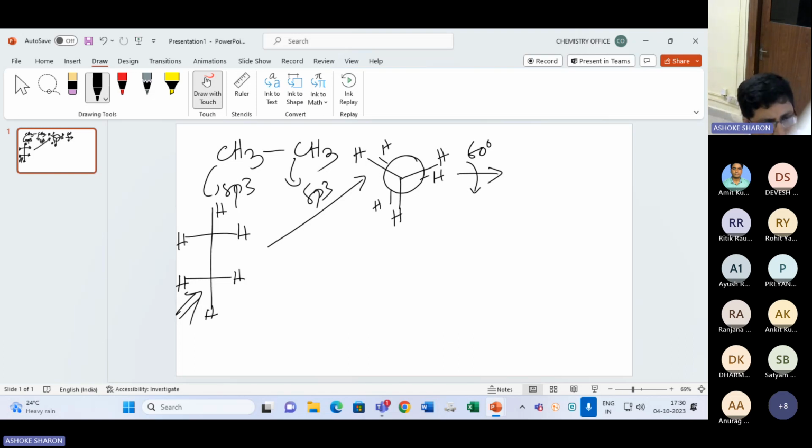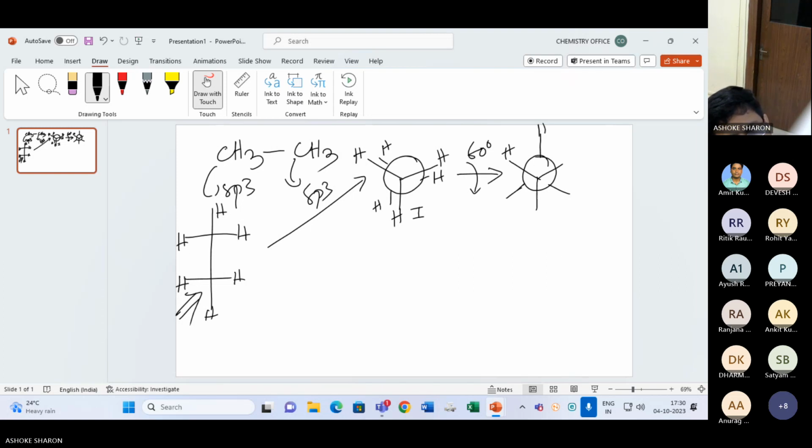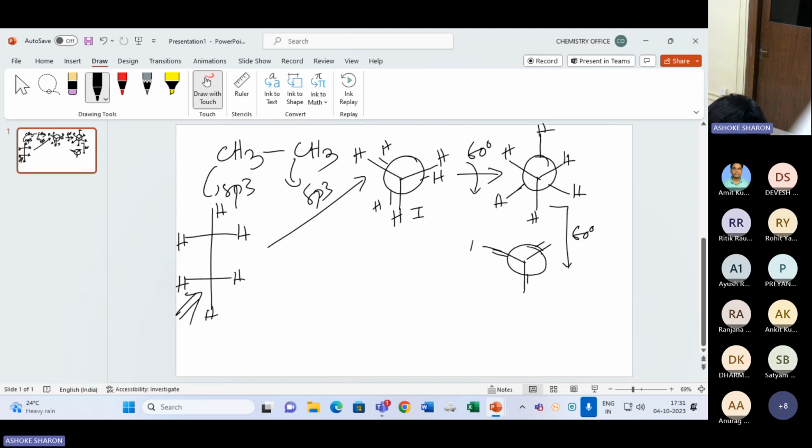I'm considering this as structure number 1. Then structure number 2 will be this: I'm fixing the top one and rotating the back one, all of the hydrogens. Clear? Now I'm rotating again 60 degrees, and again you get hydrogen, hydrogen.